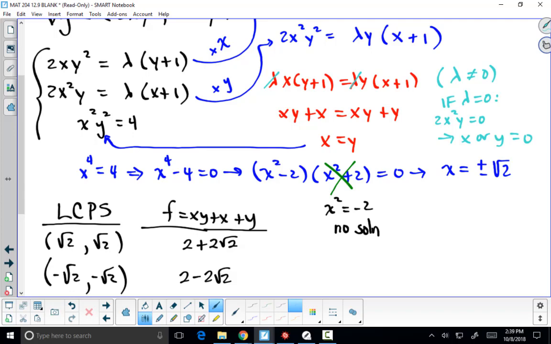So it doesn't give us any extra critical points. But it is a case that we have to be careful with. When we cancel that out, we divided both sides, and that can only happen if what we're dividing is non-zero. So we should double check that when it is equal to 0, we're not missing any extra critical points. So if x squared y squared was equal to 0, we would have missed a critical point?